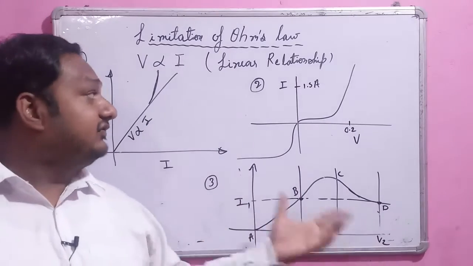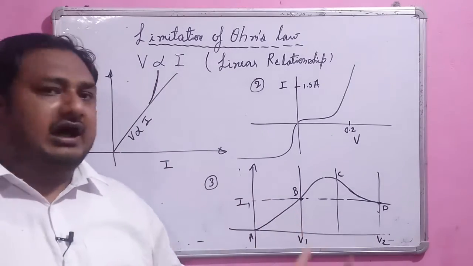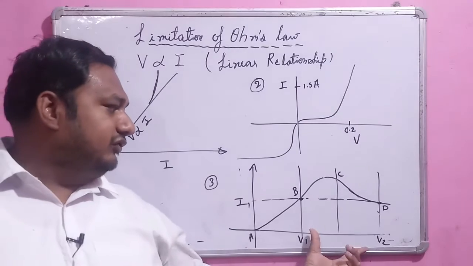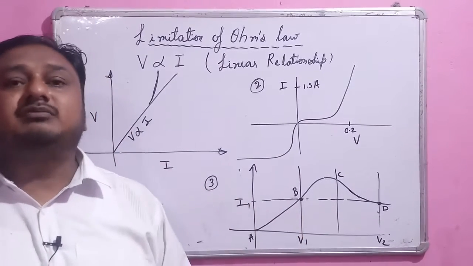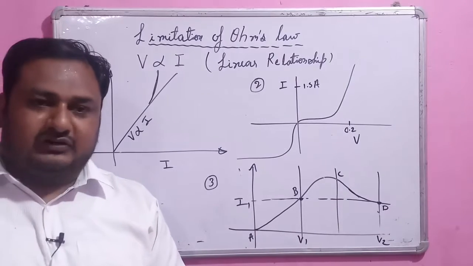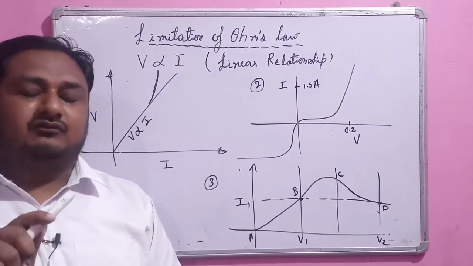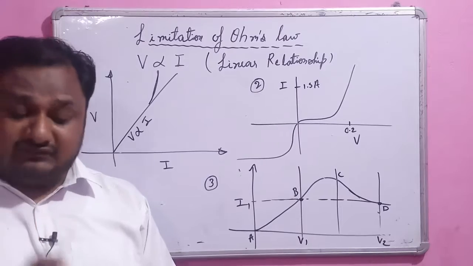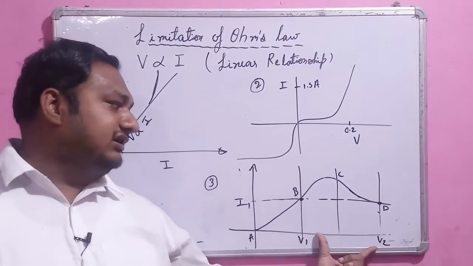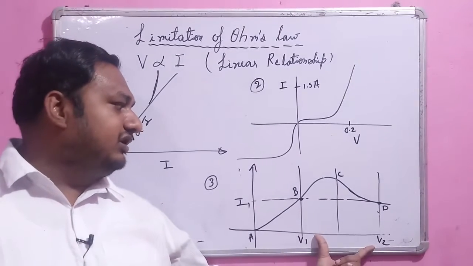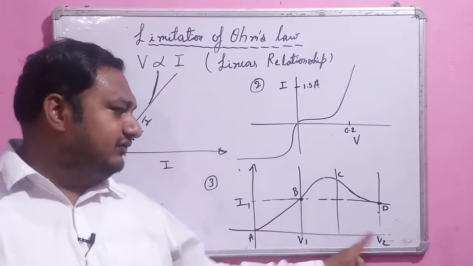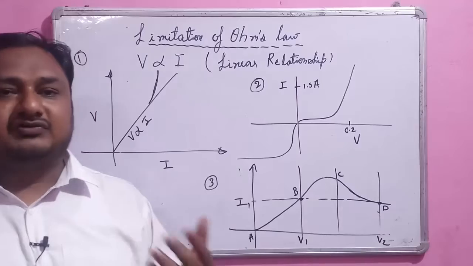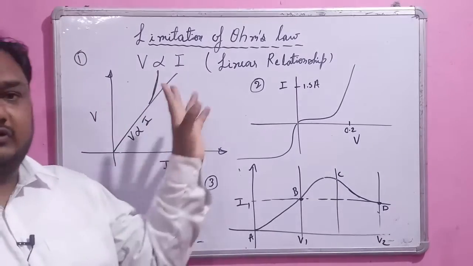According to this relationship, for a higher temperature, the potential difference and the current are not unique. Unique means for one value of potential difference, we should get one value of current. But here we are getting only the same current for the two values of potential difference V1 and V2. So here the potential difference is not unique for the current.